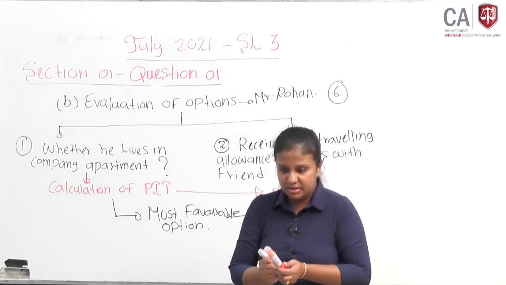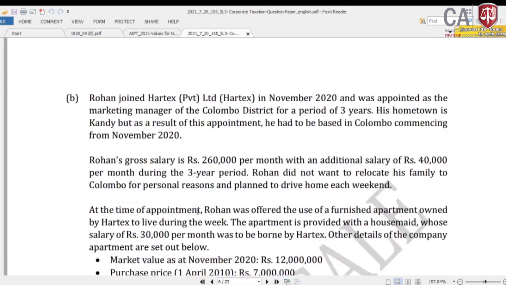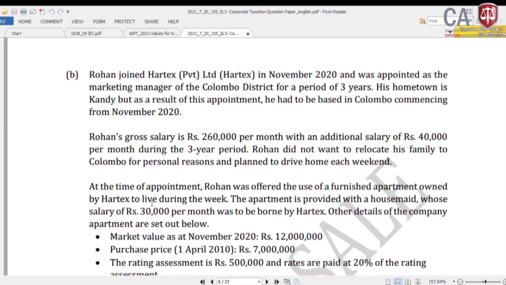It's very easy. Come to the information in the question. Rohan joined Hertax Private Limited in November 2020 and was appointed as the marketing manager of the Colombo district for a period of 3 years. His hometown is Kandy, but as a result of his appointment, he had to be based in Colombo commencing from November 2020.